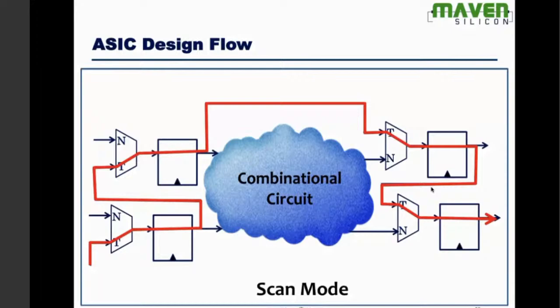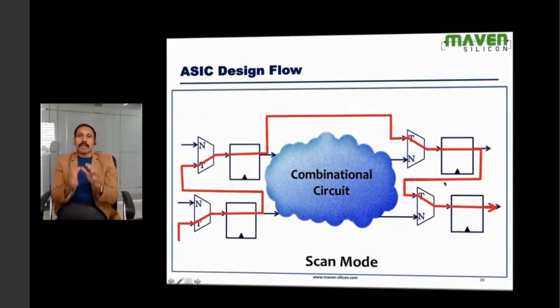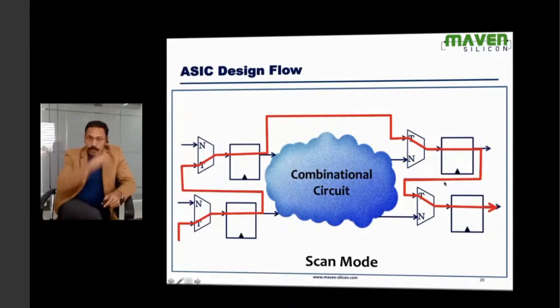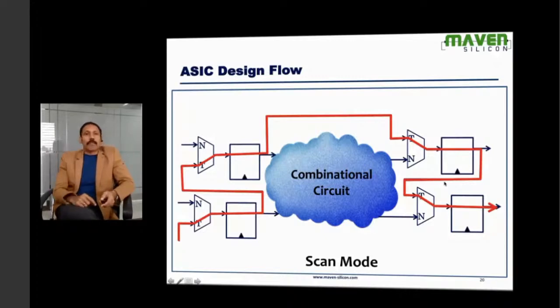This is what DFT actually does. Then we look at various things like stuck-at-0 faults, stuck-at-1 faults, to identify whether there are any short circuits or open circuits within the chip. This is called DFT insertion. So what we do is, after synthesis, we take the netlist and we replace the regular flip-flops with scan flip-flops. That's what DFT does.